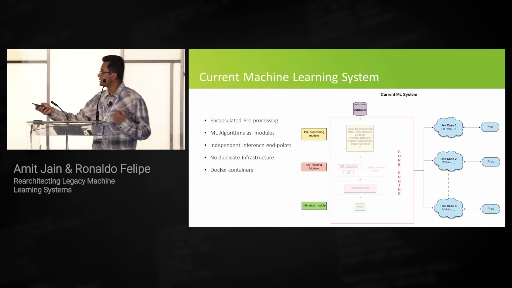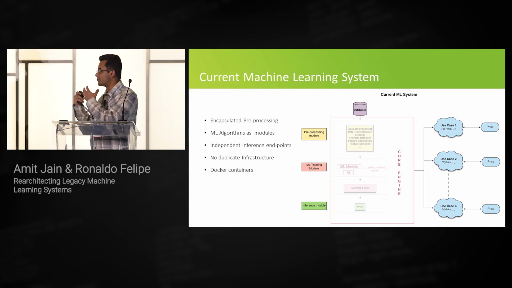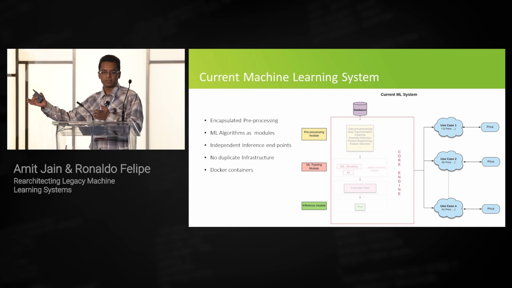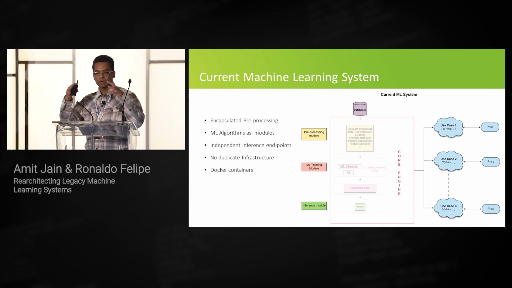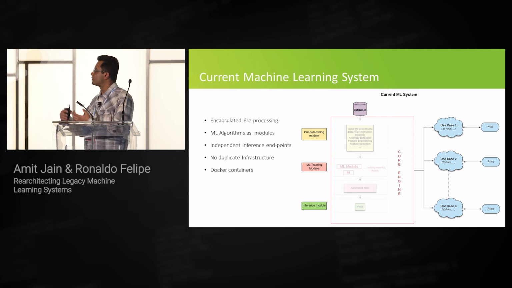The beauty of the training module is that we are not going to add independent microservices; we are going to add modules within this module itself. Think of it as a modularized machine learning system where you can plug and play your pre-processing models, you can plug and play your training models, let's say XGBoost or AdaBoost or random forest, whatever. You can just start plugging in.